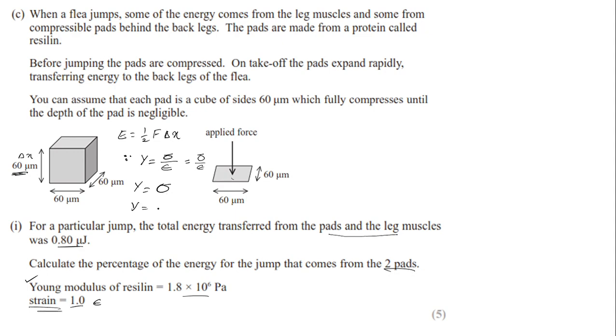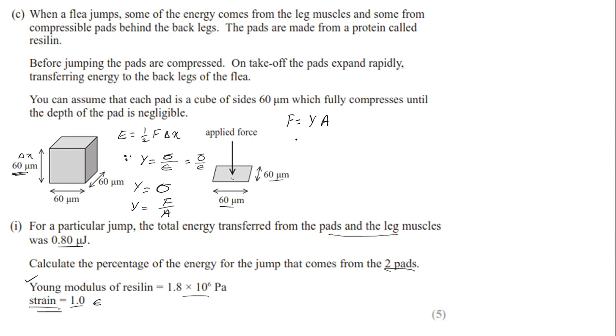So Y is equal to F upon A as per the definition of stress, and then you can rearrange for F. So F is equal to Y into A. You don't have to show every step I am doing, I am showing so that you can understand. You can skip all the steps that you understood or already know. So F is equal to Y into A, and this is the force that we are going to use, and we can find force because Young modulus is given and area we can find from these numbers.